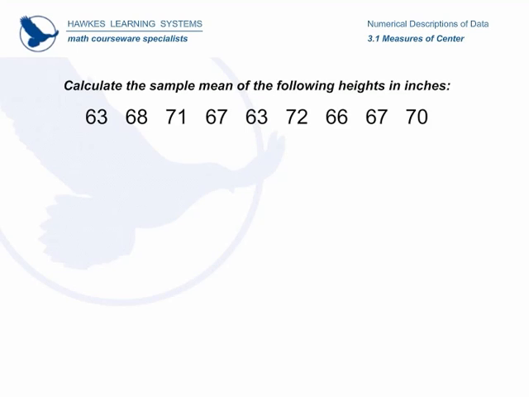Here we have an example of how to calculate the sample mean of the following heights in inches. As we take a look at this set of data, we have 63, 68, 71, 67, 63, 72, 66, 67, and 70.